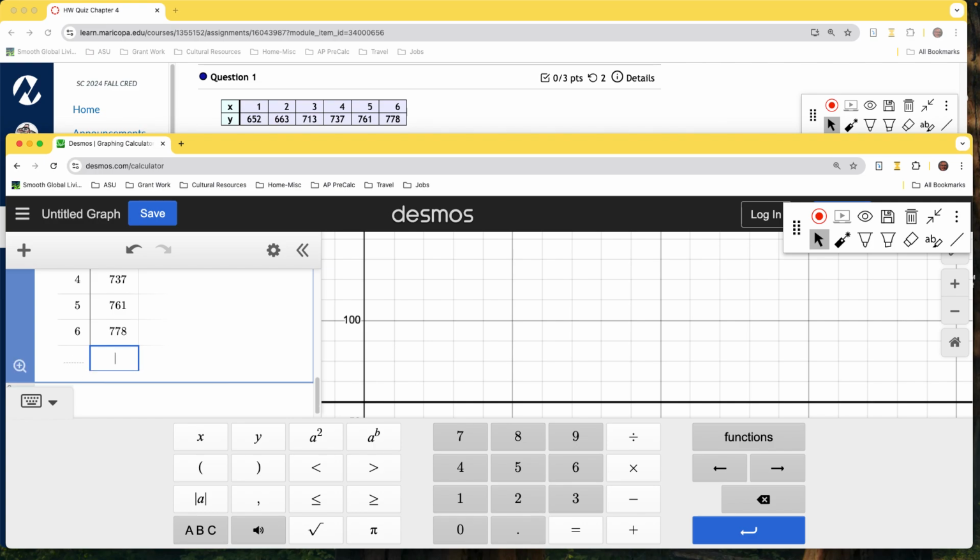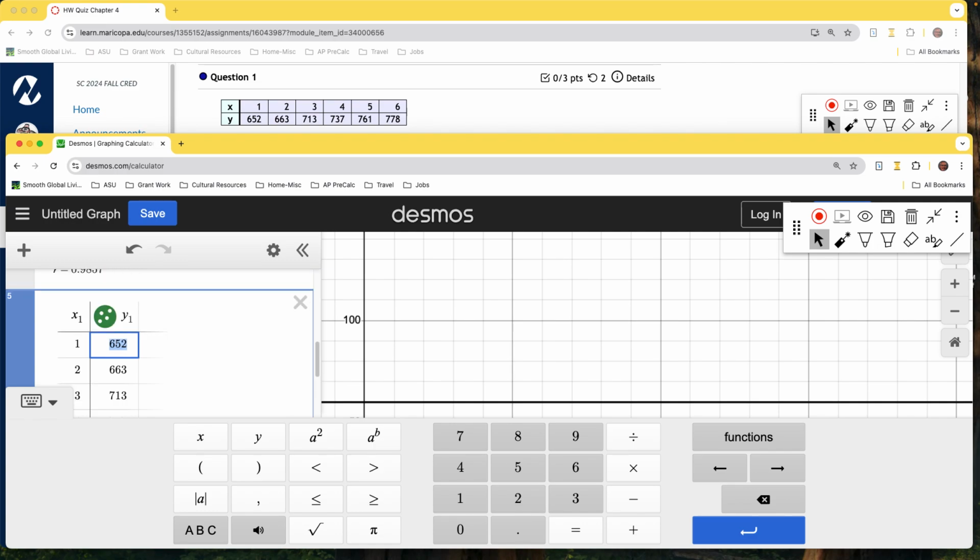And again, just be careful that you put in the right numbers and that you check, because garbage in, garbage out, right? So far, so good.